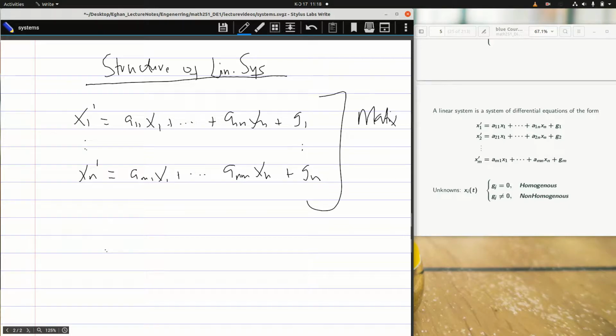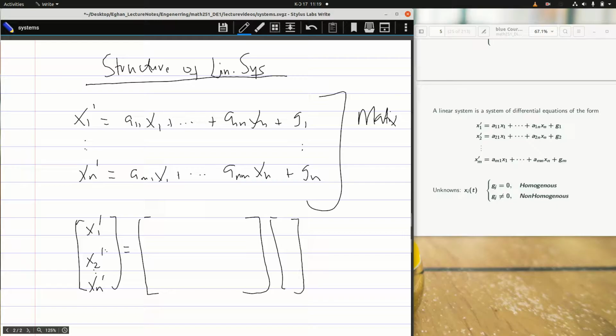So I can write this one as x1 prime, x2 prime through to some xn prime equated to, I can list out the coefficients from this and have the unknowns as x1, x2 through to some xn, plus the source term j1, j2 through to some jn.